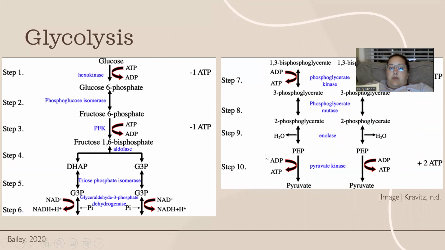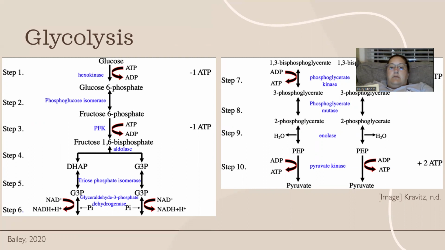So after PEP, enolase is going to then turn PEP into 2-phosphoglycerate. 2-phosphoglycerate uses the enzyme phosphoglycerate mutase to go back into 3-phosphoglycerate or 3-PG.